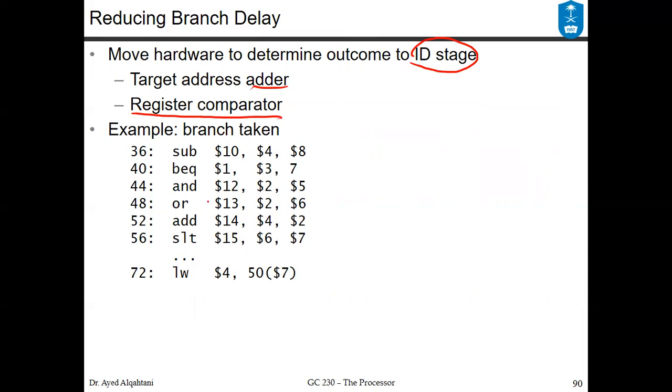So with the same example, the branch is at address 40, there is an instruction before that, and the branch is followed by AND, OR, and so on. And then this is the target at 72. Now, by applying this, we know the branch outcome at the end of the ID stage.